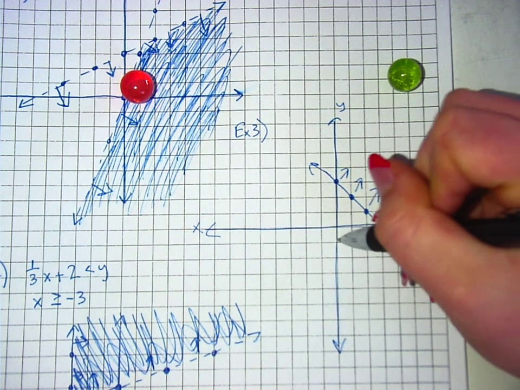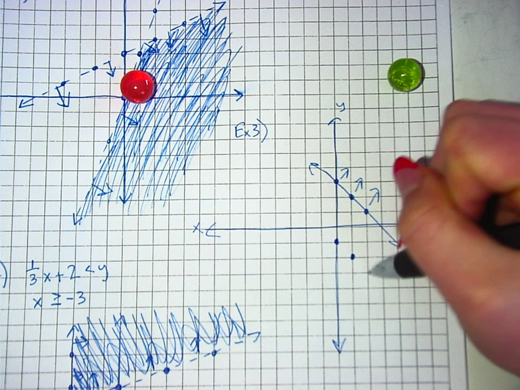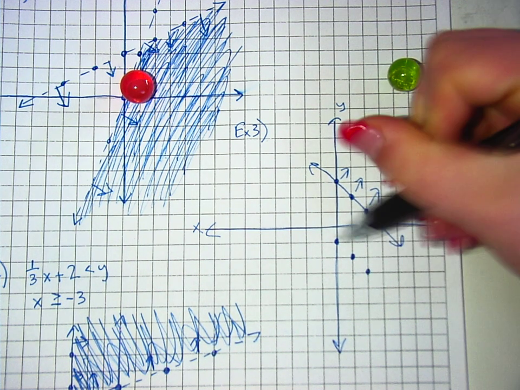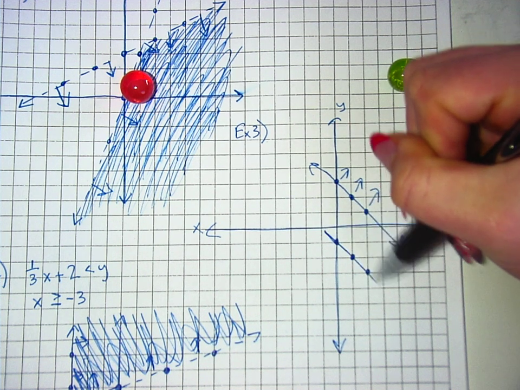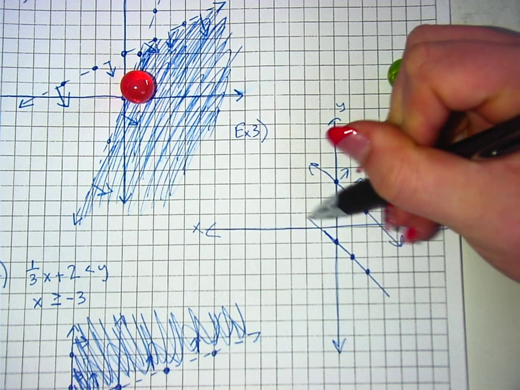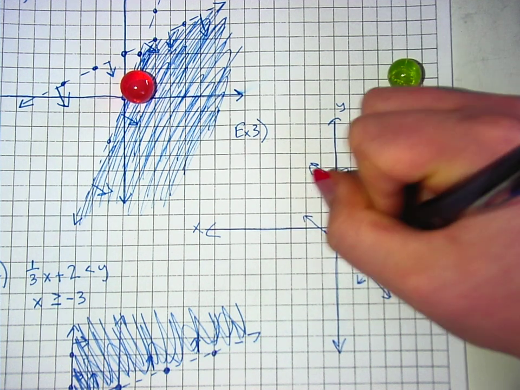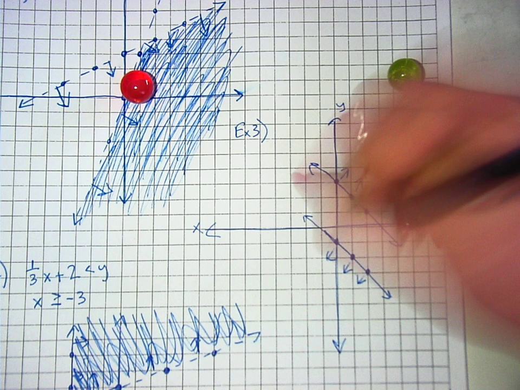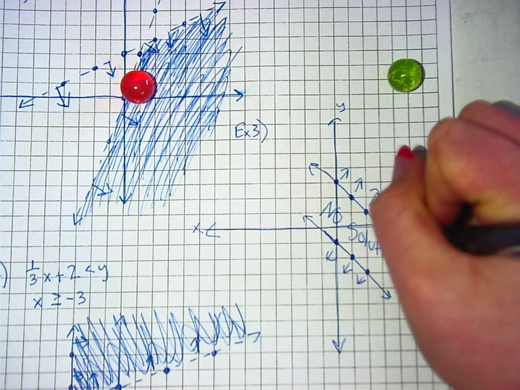And then for the second line, you go down to negative 1 and do the same thing, down 1 over 1, and it's a solid line. And the arrows are pointing down because it's greater than, or less, one of the two.